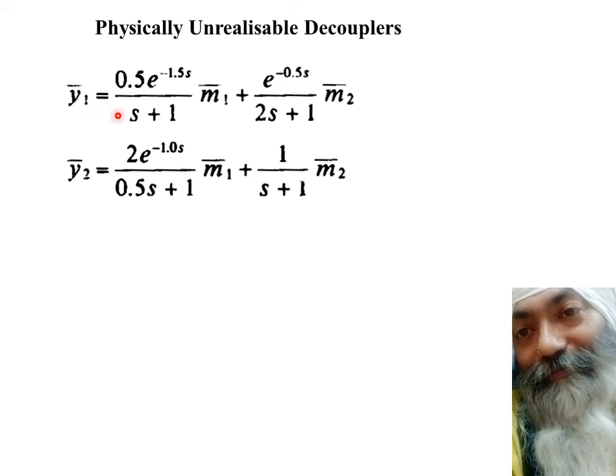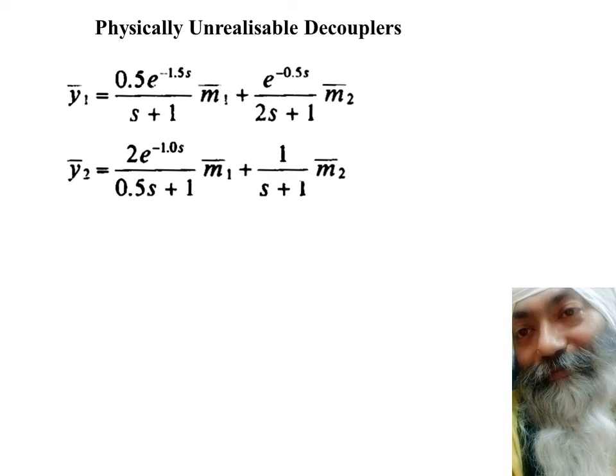This block has input 1 and output 1, so it is called H11. This one has input 2 and output 1, so it will be called H12. This one will be called H21 because the output is 2 and input is 1. And this block will be called H22 because the input is 2 and output is also 2.